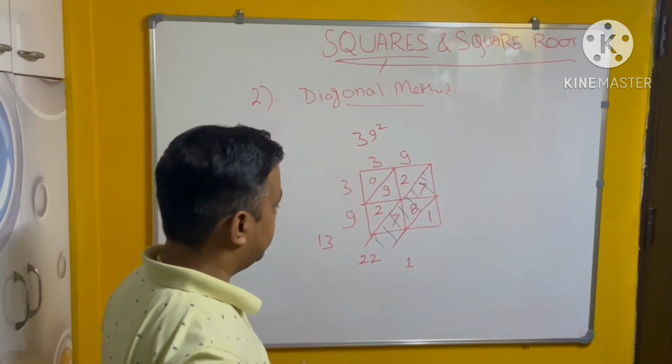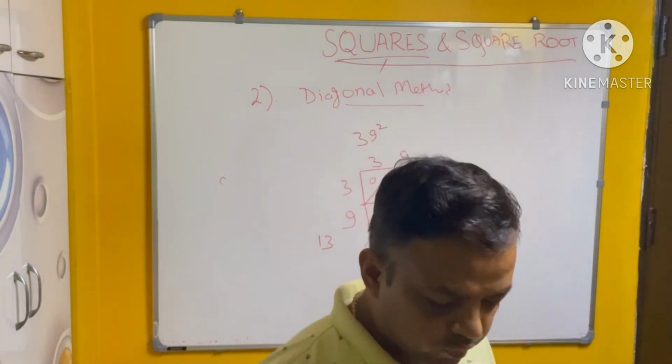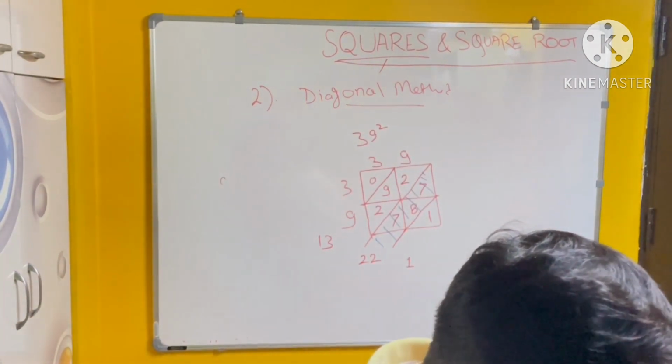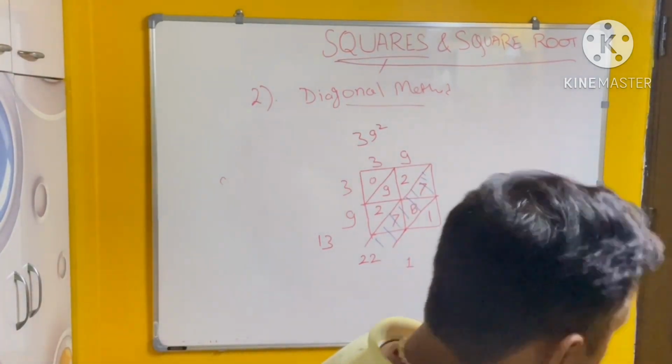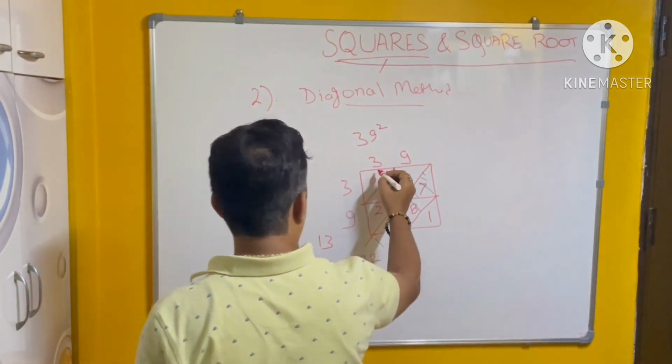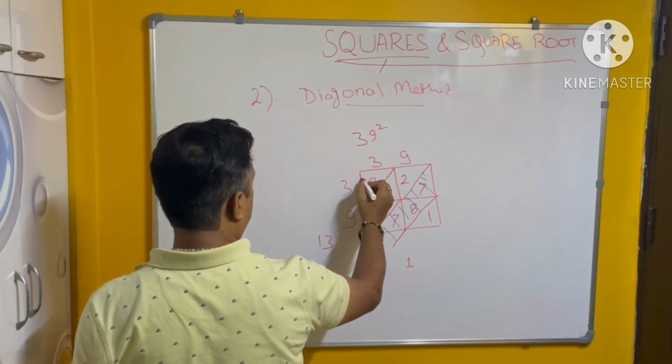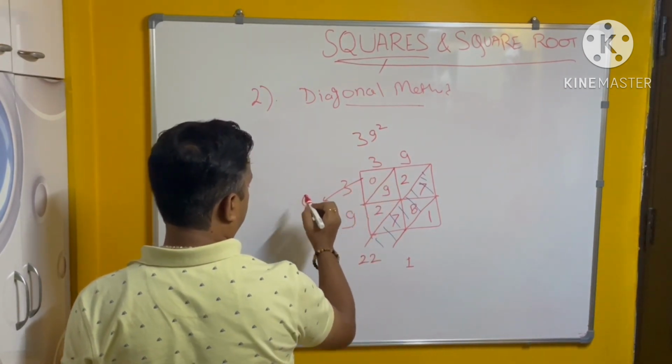So this number we have written, and then here this one will come as 0.